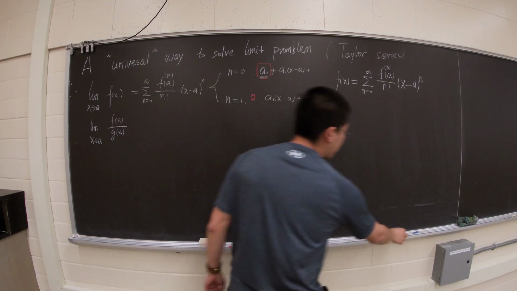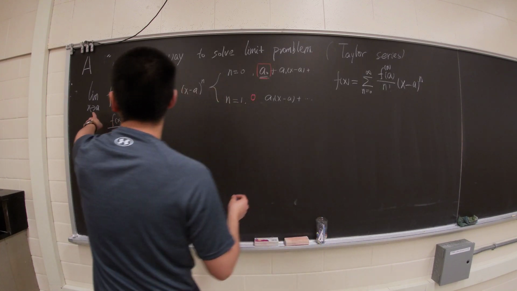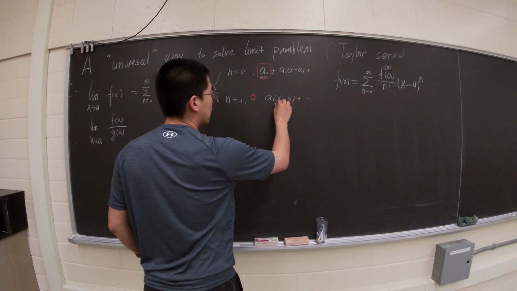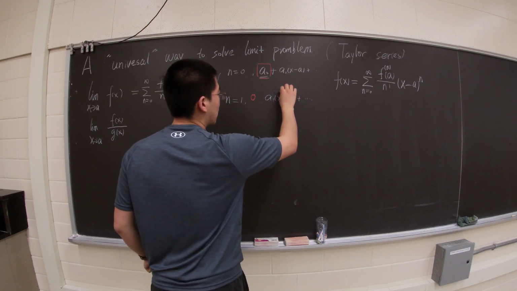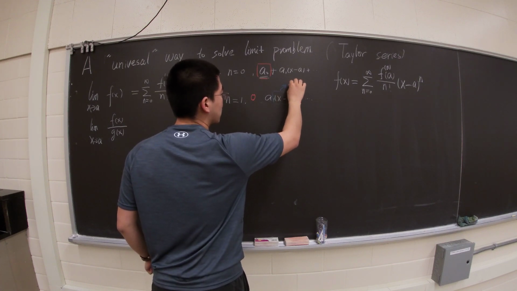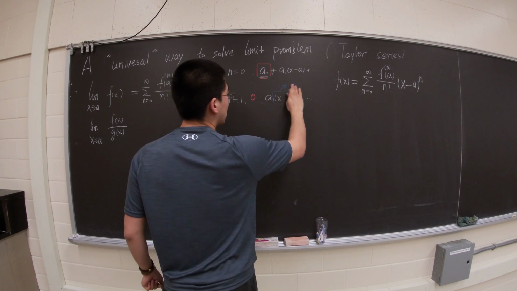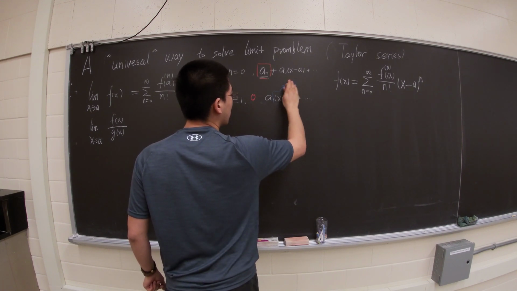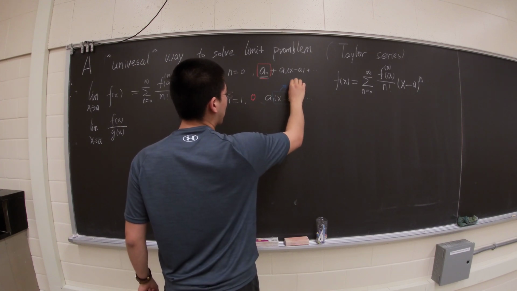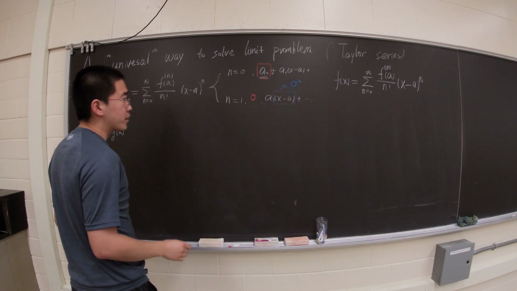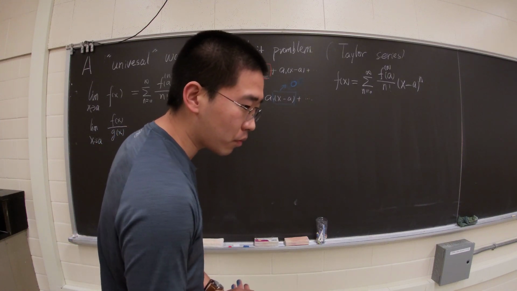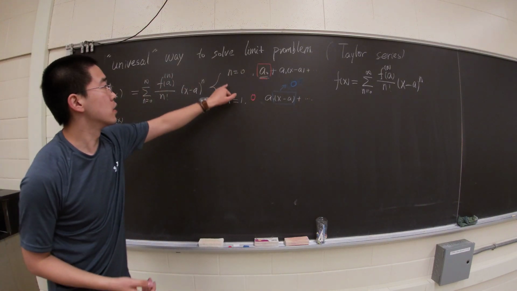Because we know that as x goes to a, this goes to 0, a very small number. So those are two scenarios.